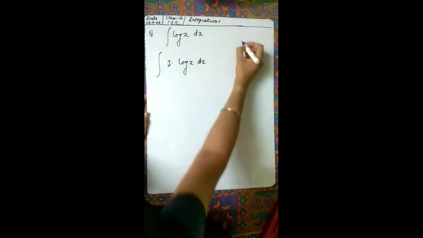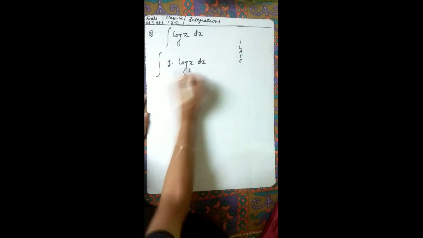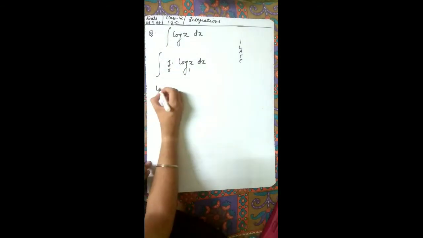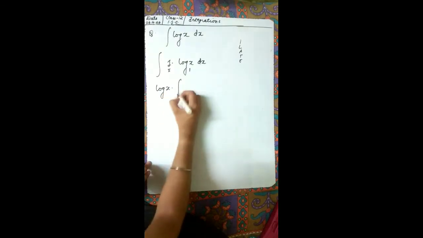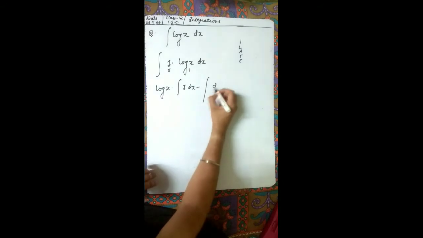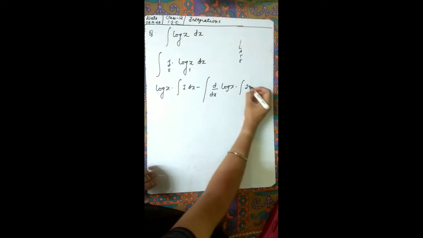Now here, according to the ILATE rule, log will be the first function and 1 will be the second function. So log x into the integration of 1 dx minus whole integration of d dx of log x into the integration of 1 dx.